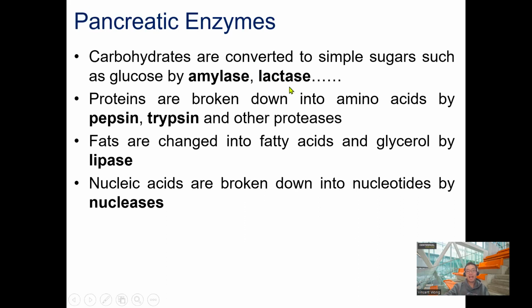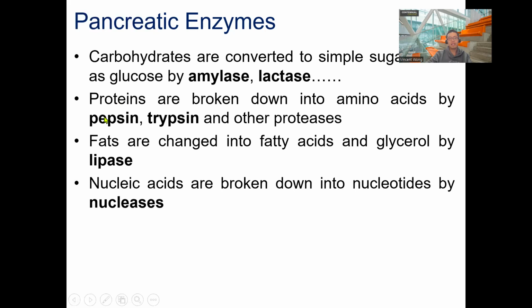Right? We have things like lactase, which breaks down lactose. We have maltase that breaks down maltose, and sucrase, which breaks down sucrose. So a bunch of enzymes that are designated for breaking down carbohydrates. For proteins, we will need more pepsin. Okay, so we already had some pepsin in the stomach, but now we're going to have more pepsin in the pancreatic juice.